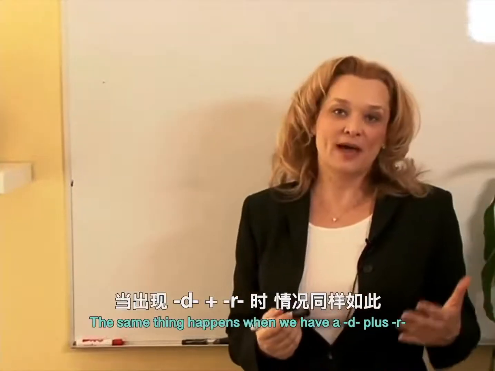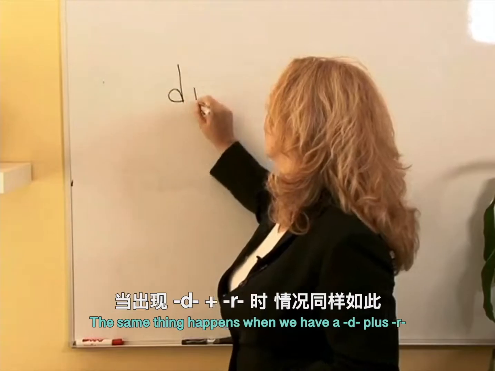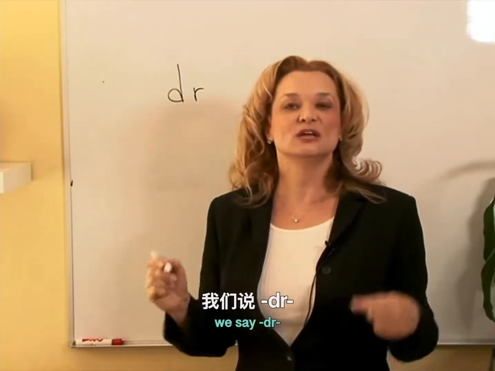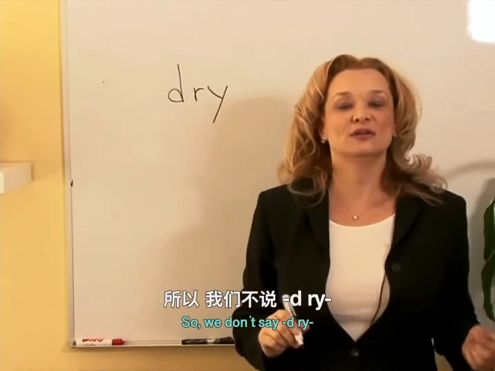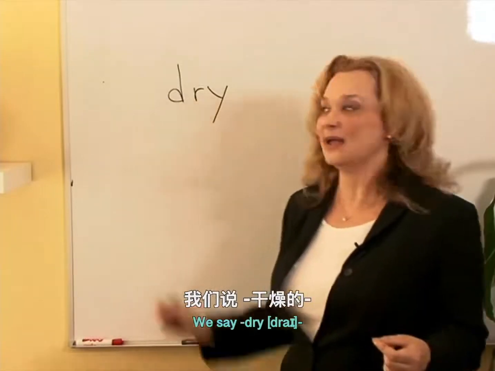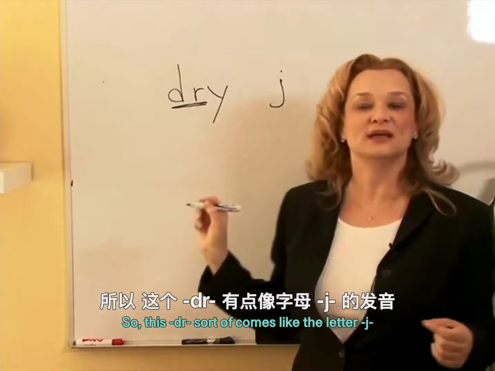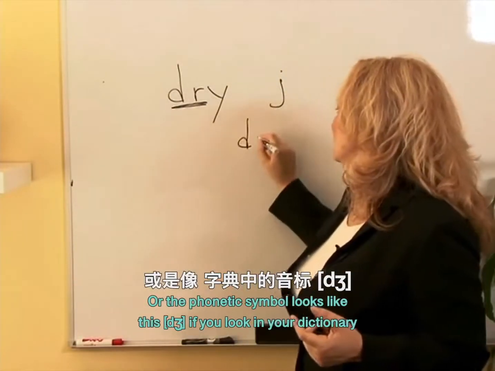The same thing happens when we have a D plus R. DR. We don't say "dry" with a clear D, we say "dry." So this DR sort of becomes like the letter J. Or the phonetic symbol looks like this.